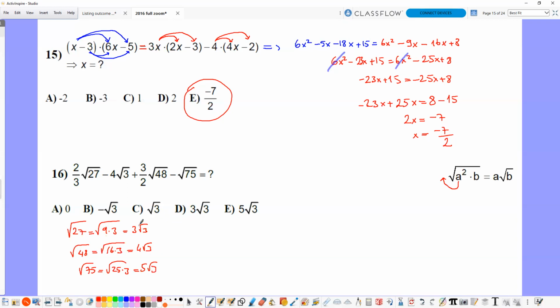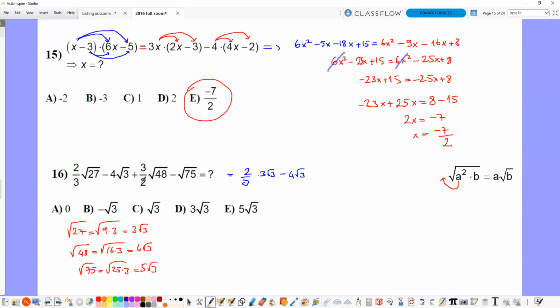With respect to this one, if I rewrite this part again, let me write with a different color. It's going to be equal to 2 over 3 times 3 root 3 minus 4 root 3. This is same.